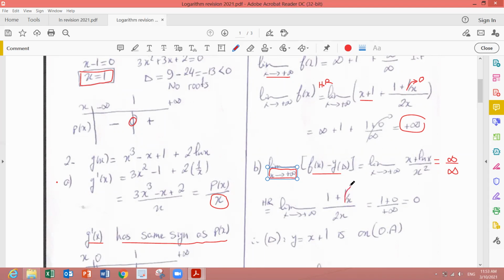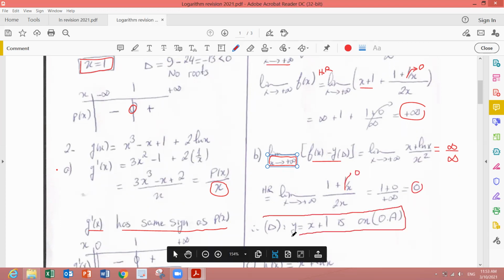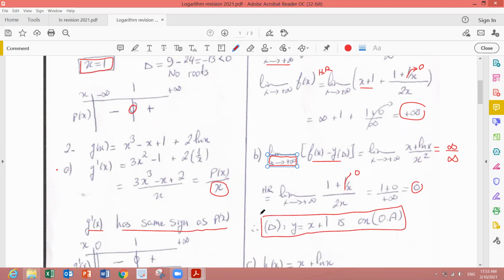This one is 0. So 1 over infinity is 0. Then the line delta is an oblique asymptote to C, since the limit as x tends to plus infinity is equal to 0.